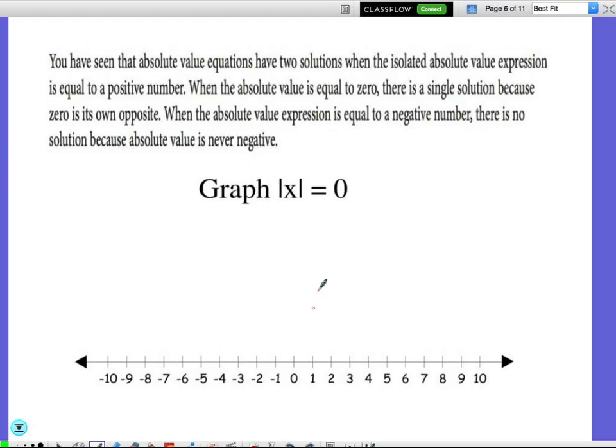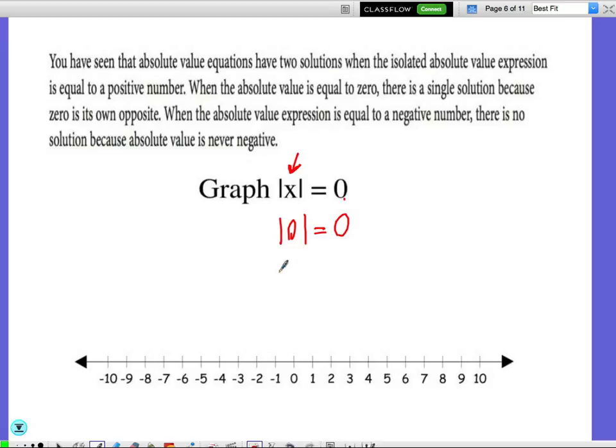So we looked at the example when we had the absolute value equal to 5, but now it's asking you, what if we have the absolute value of 0? How many solutions can I put in here? Well, I can put the absolute value of 0 equals 0, and notice, is there any other number that I can put in there?